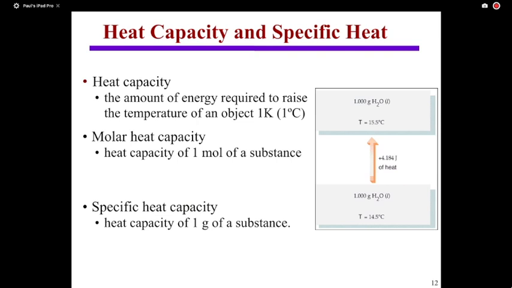All right. Now, the molar heat capacity is the amount of heat that each substance can absorb per mole of substance. And the specific heat capacity is the heat capacity of 1 gram of substance. And so we might actually be given molar heat capacities or specific heat capacities. Most often, we will be given specific heat capacities.